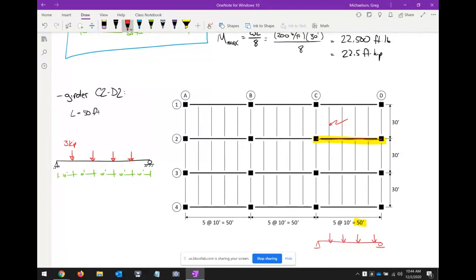So here's my point. When we looked at an individual floor beam, it had a reaction of 3 kips on either end, but there's not 1 floor beam framing in, there's 2. There's 1 up top and 1 on the bottom. So I propose that these point loads are not going to be 3 kips. They're going to be 6 kips.